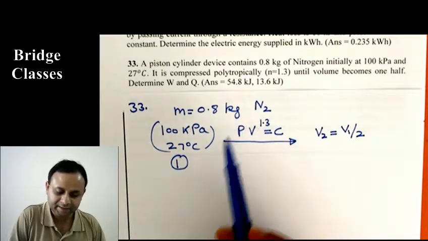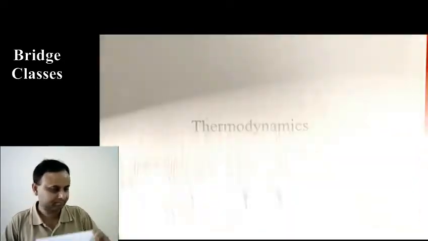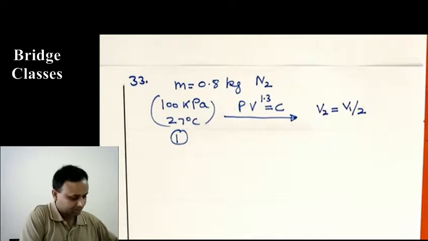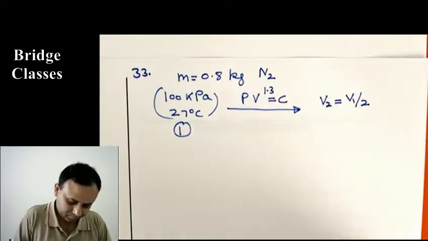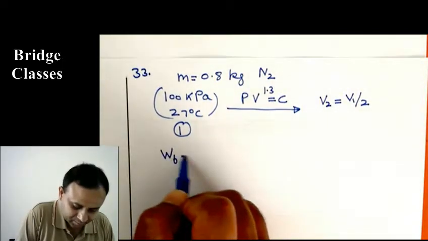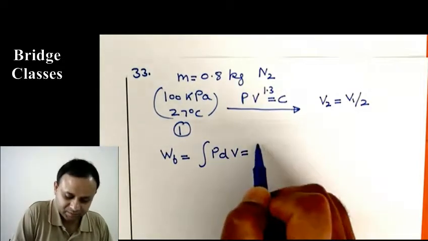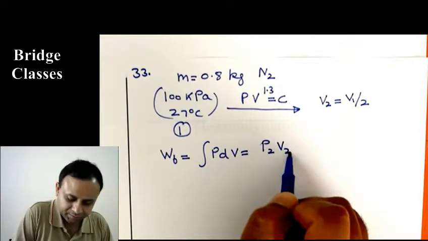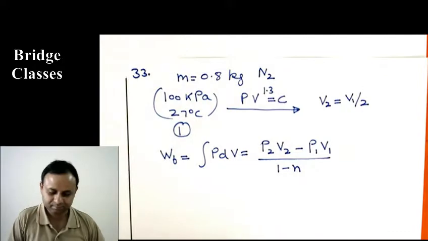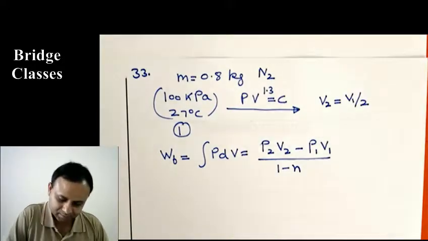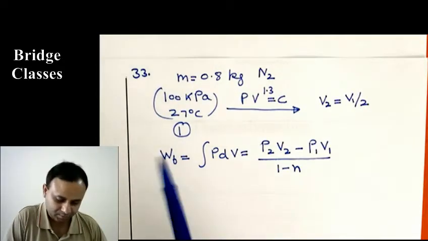So again, an ideal gas polytropic process. You see the boundary work is the integral of PdV, and this will be, for a polytropic process, (P2V2 minus P1V1) over (1 minus n). We have to see what will be the easiest way to solve this problem.